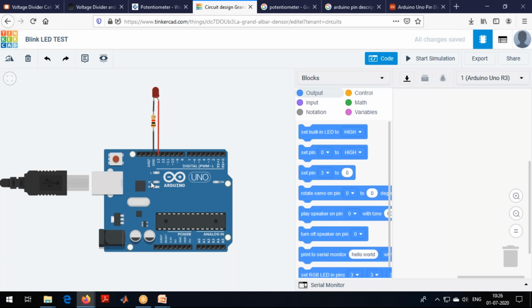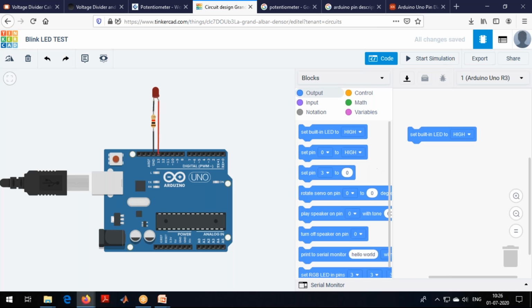That one we are making, and that is also connected to this 13th pin. Okay, we want to make that one high. I don't want to write anything. I'll just write set built-in LED to high, and I'll try simulating this one. We will see what happens.